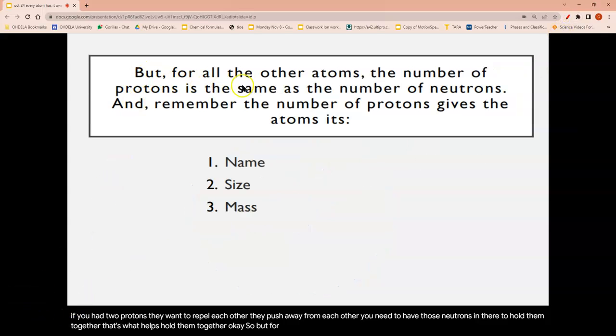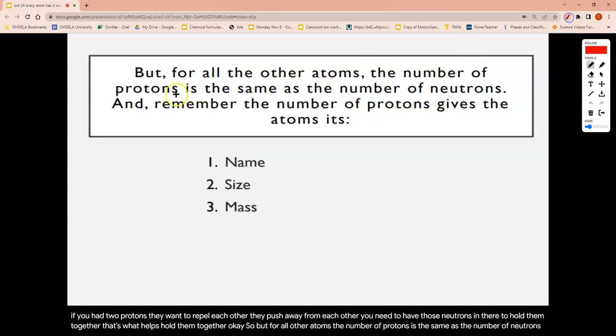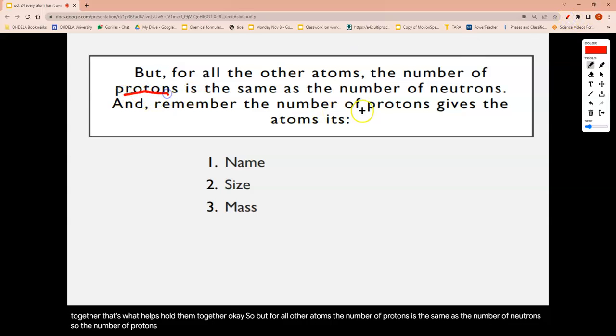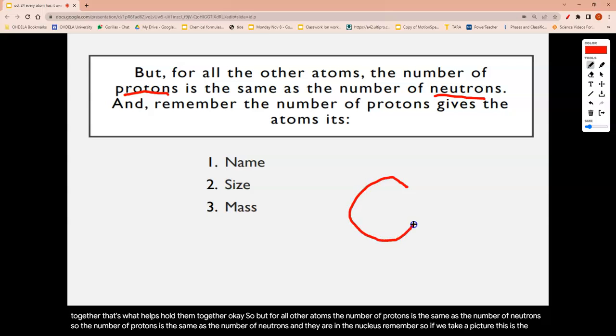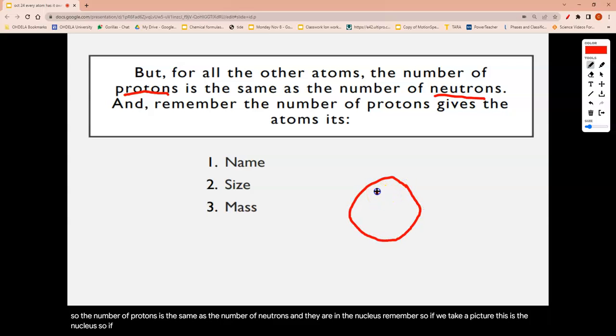But for all other atoms, the number of protons is the same as the number of neutrons. And they are in the nucleus. Remember, if we take a picture, this is the nucleus. If I have two protons, and the P stands for protons, I have to have two neutrons.